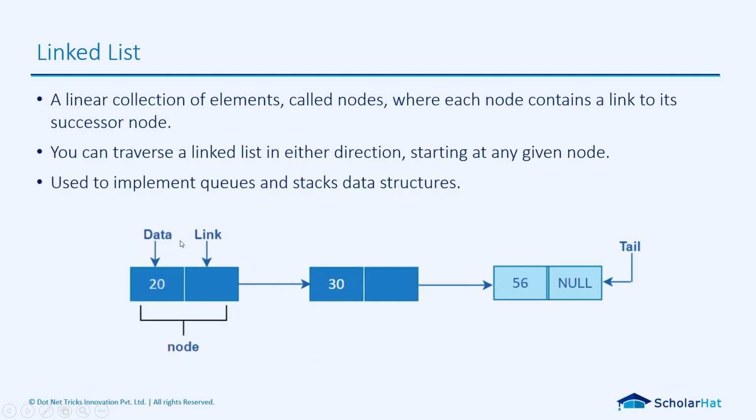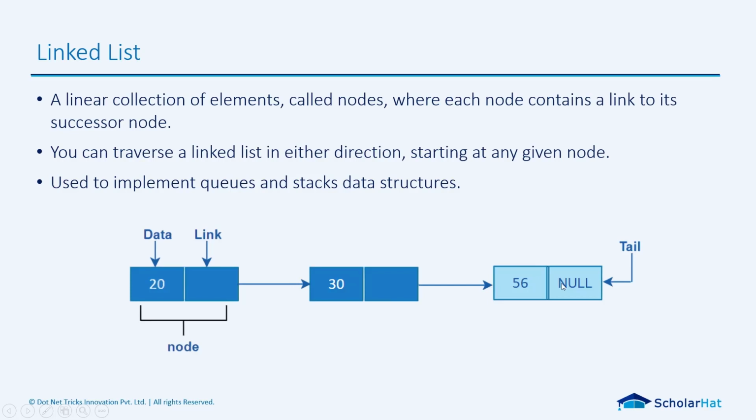If you can see over here, this is called a node. 20 is the data and this is called a link, or you can say reference. The link is the reference of 30, stored here. It means you can access 30 from this node, 20. Now the 30 node has 30 as data, and this is the link or reference of 56.